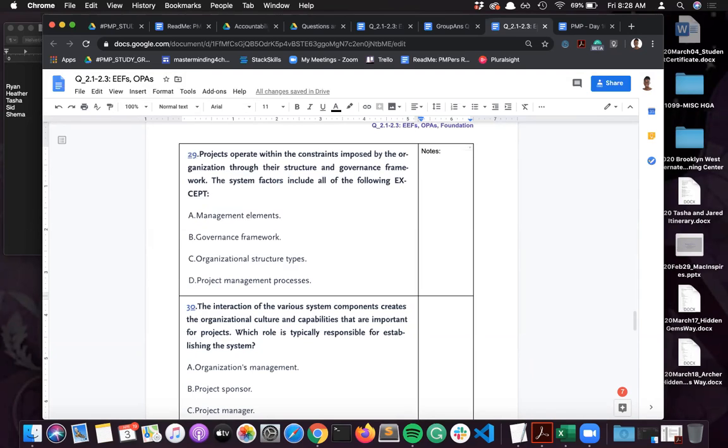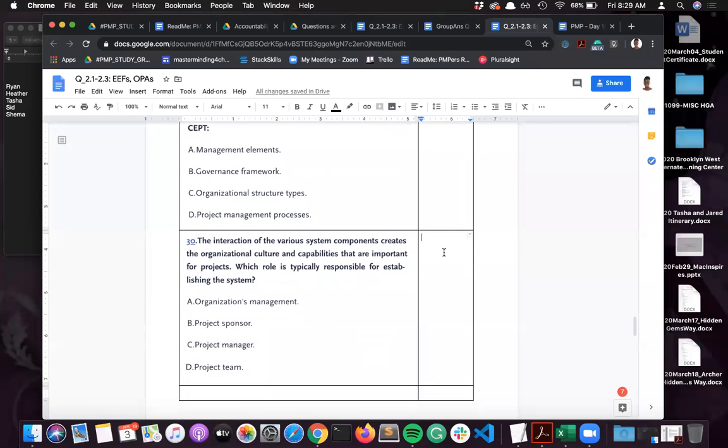I don't know. I think I'm going to go with D, project management processes, because I think everything else is part of deciding the structure and the framework that's needed. My answer is D. Okay. Wonderful. Unanimous. 29 is D. Right.